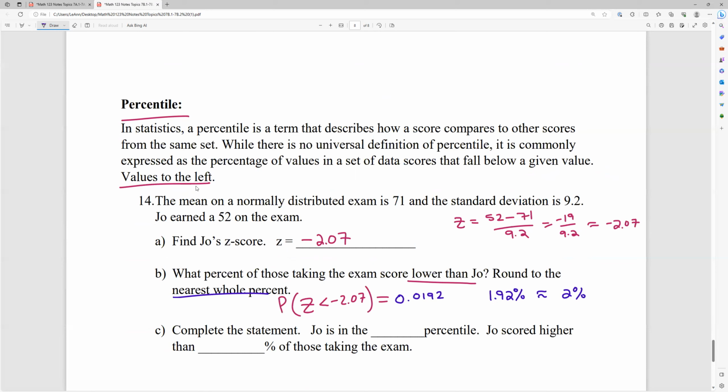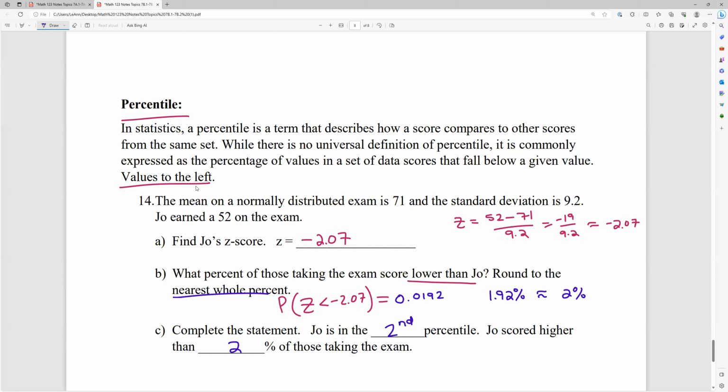Now, that means that Joe is in the second percentile. Okay, 2% is the second percentile. 98% would be the 98th percentile. You just use the numbering system, like first, second, third, fourth, fifth, sixth, and so on. What that means is Joe only scored higher than 2% of the other people taking the exam. So she's in the lower percentiles. More people did better than her.